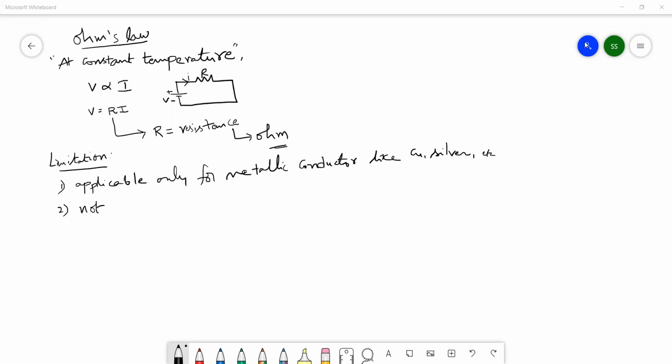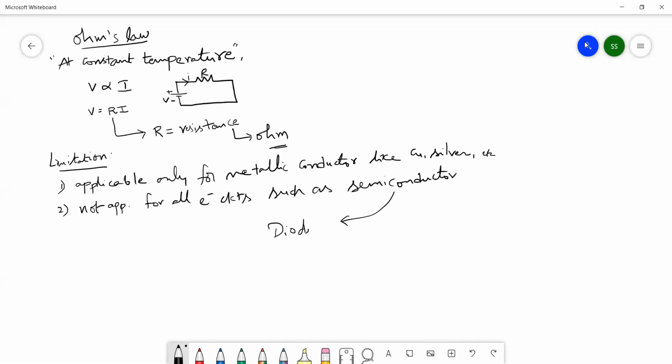The second limitation is that it is not applicable for all electrical circuits, such as semiconductors and insulators. Why semiconductors? Because of diodes and transistors. One more thing, it is also not applicable for thermistors.